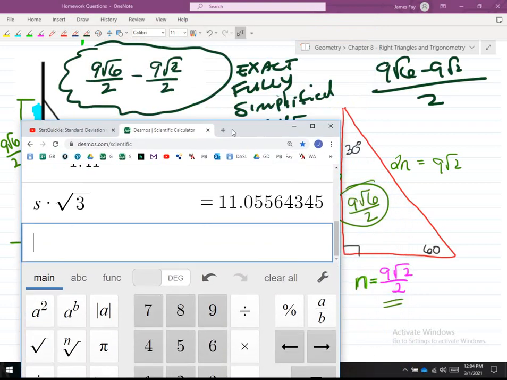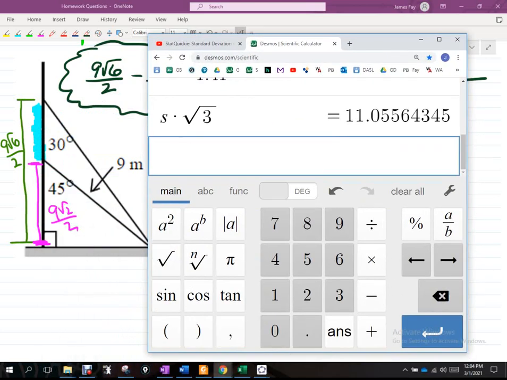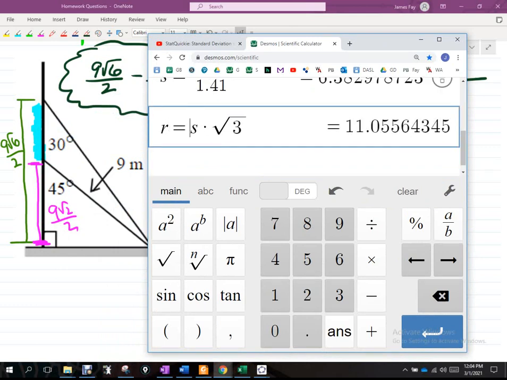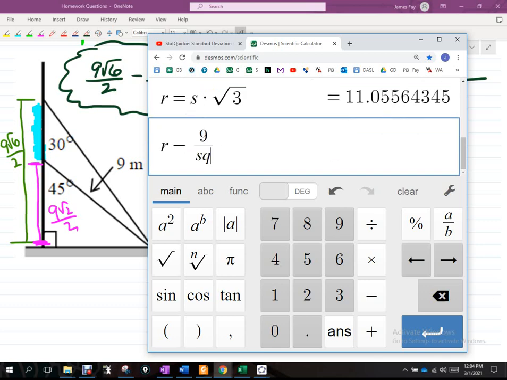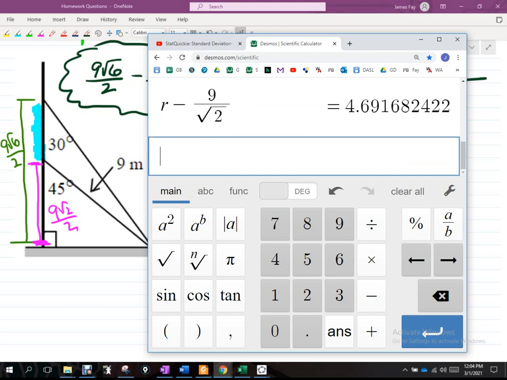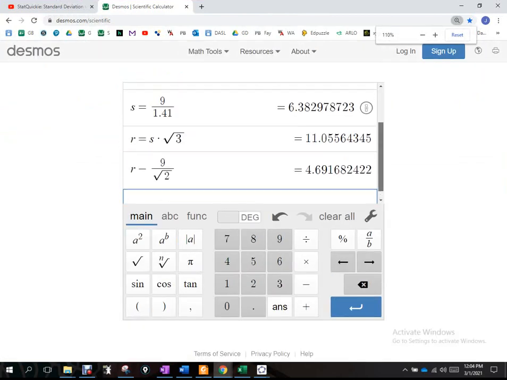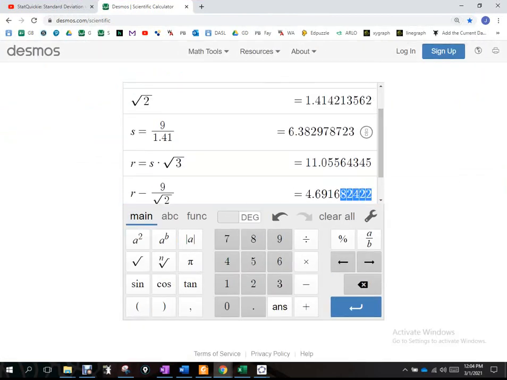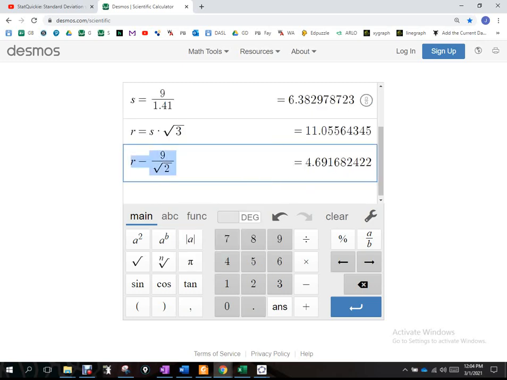Now I'm going to take that distance, call it r, and subtract from it 9 divided by square root of 2. That gives me that number right there. So you get 4.6916. I only rounded one value, correct? Only rounded one value. But let's see, I'll cut this out and move it up so you can see a little bit better.